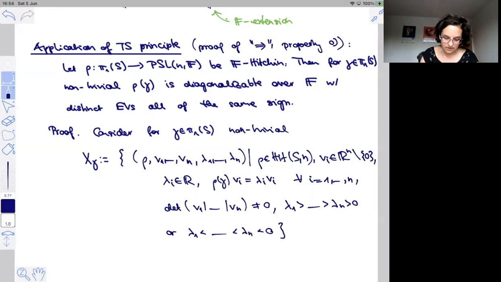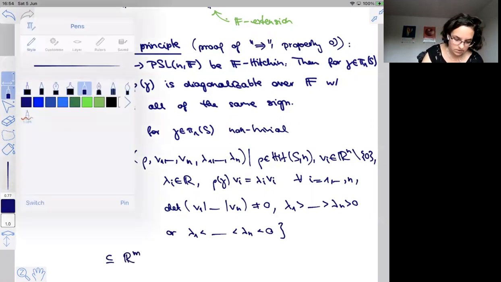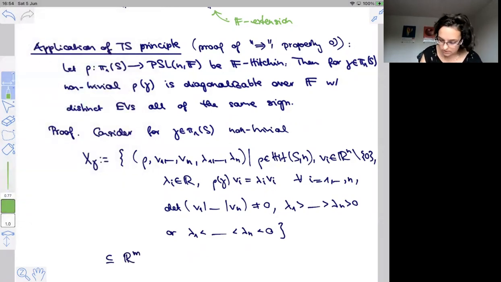And I claim that this is now a semi-algebraic subset of R to the m, for rho in the Hitchin component.